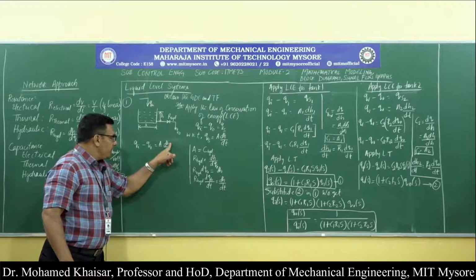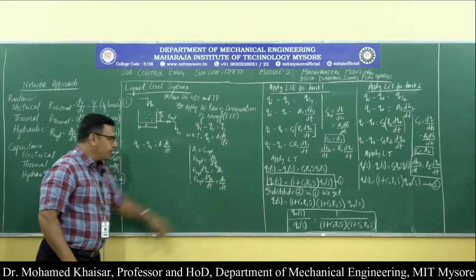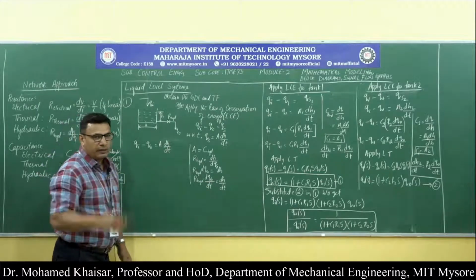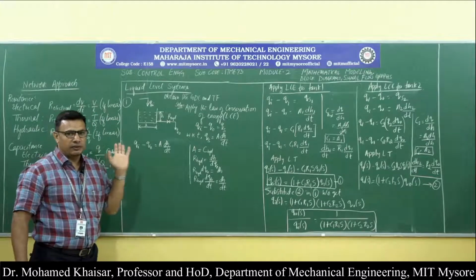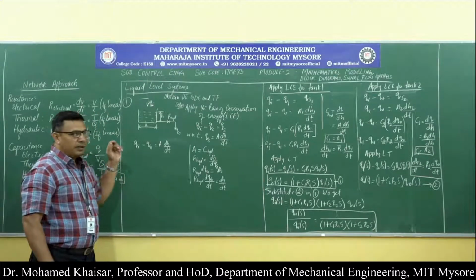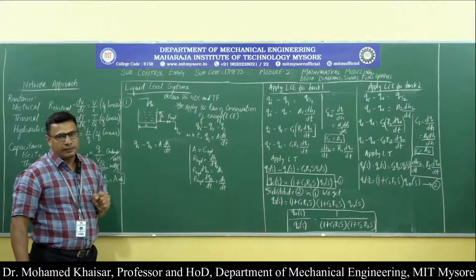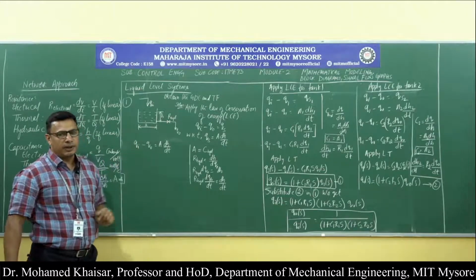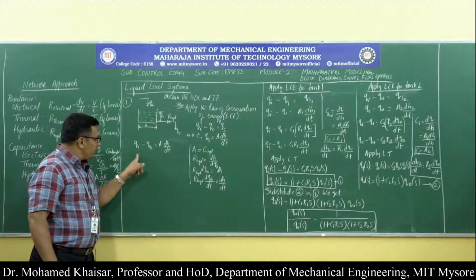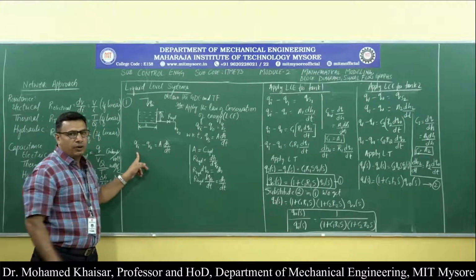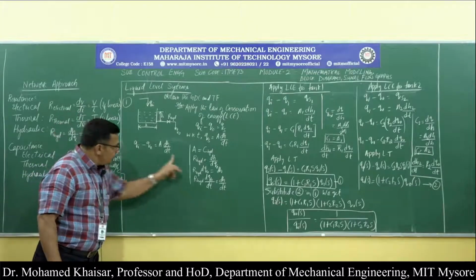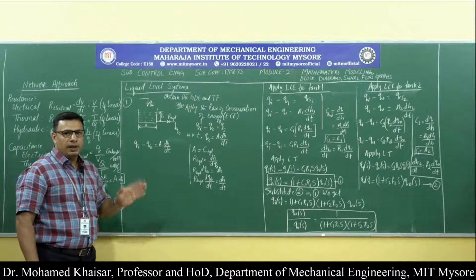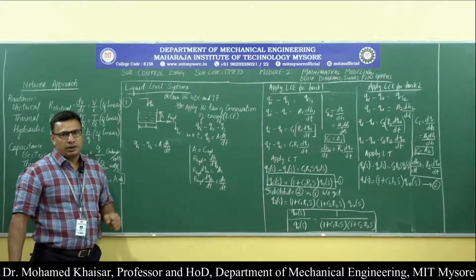Why we are worried about replacing dH by dt by this term is because, if we want to arrive at the transfer function, what is wanted is Q naught by Qi equal to some mathematical expression. If we are to derive this equation to the verge of just Q naught by Qi, then all the terms in the equation must be in either Qi or Q naught.